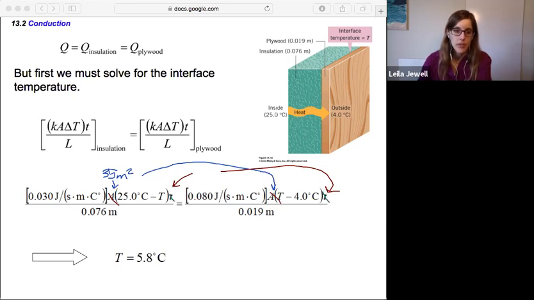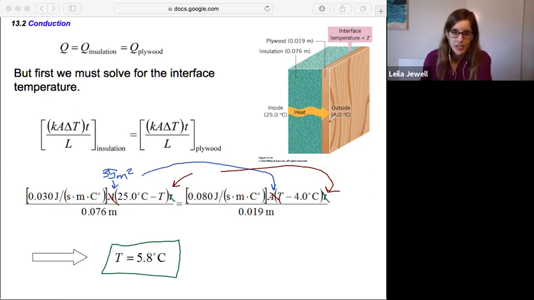So those will disappear, and all that we'll be left with is a little bit of algebra to solve for T. At this point, we can just work with numbers and get all the capital T's to the same side and divide everything else to the other side. If you do that, you should find that the interface temperature is 5.8 degrees Celsius.